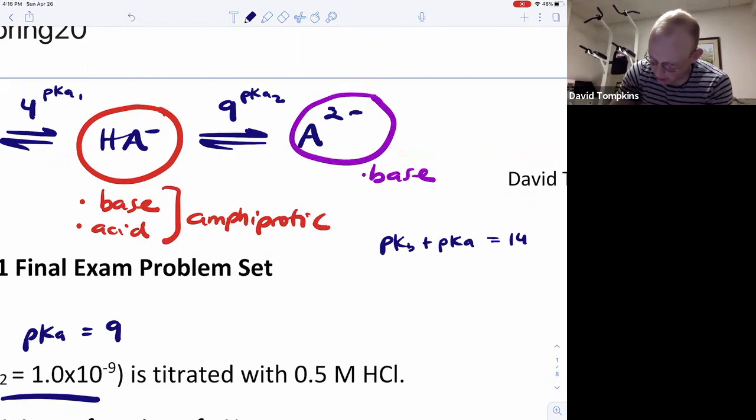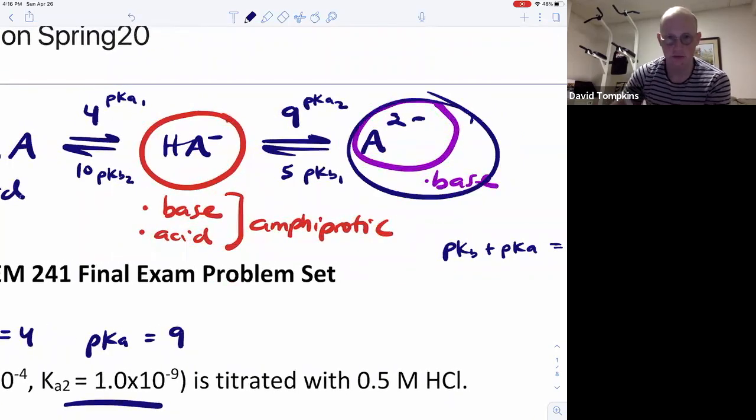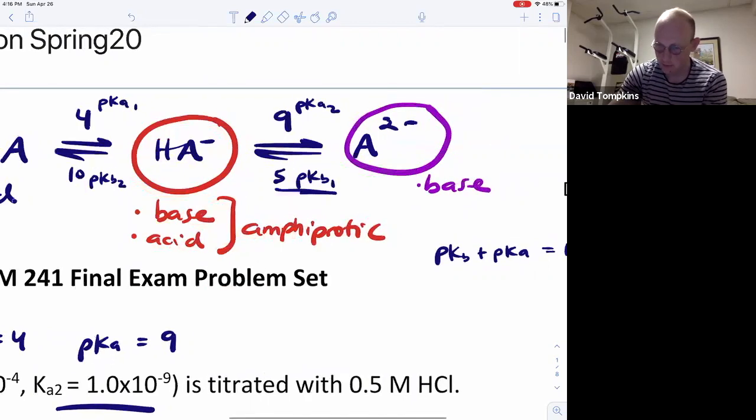So if you subtract 9 from 14, you'll get 5 as being pKb1. And you'll get 10 as pKb2. So I have A2 minus as the base in this first problem. So I want to use that pKb of 5.